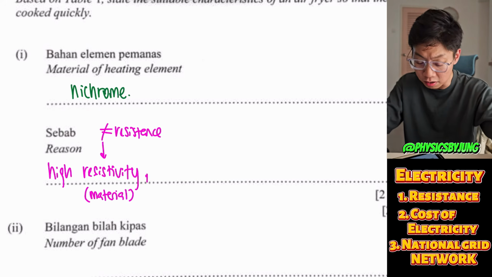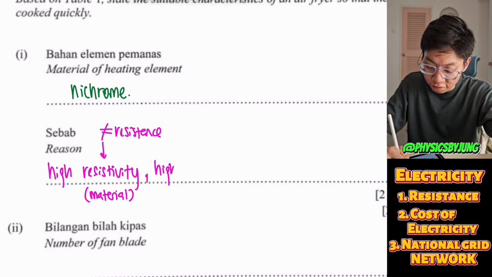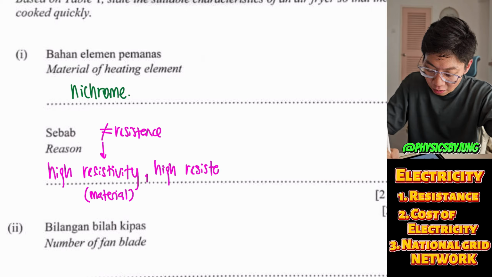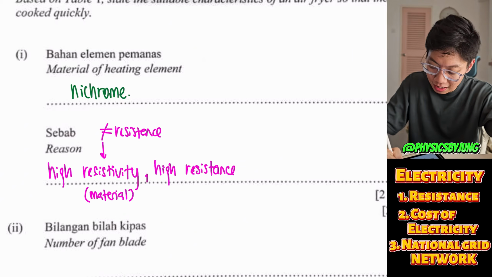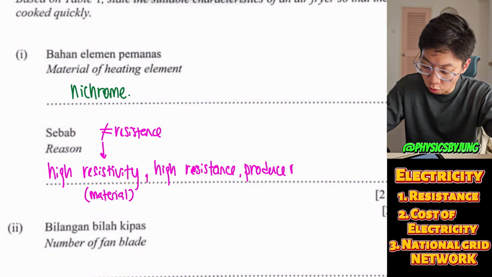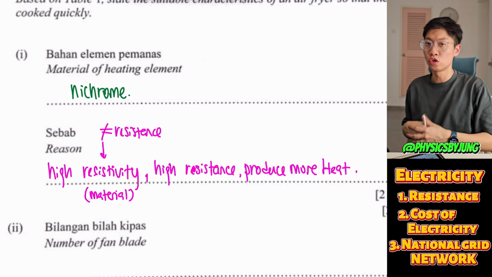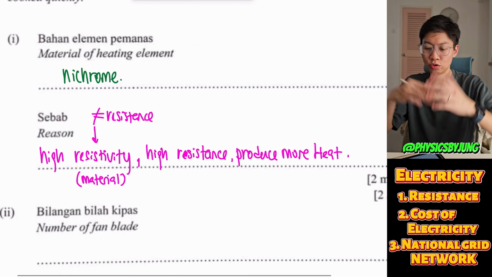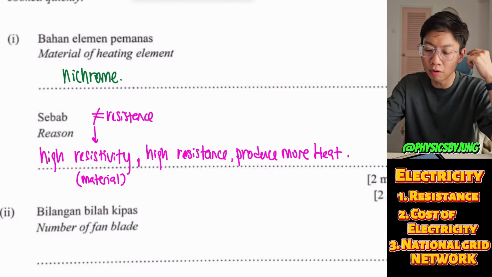Nichrome is a high resistivity material, so therefore it has high resistance, and since it has high resistance, it will be able to produce more heat, to heat up. So mainly it will be able to get more heat.